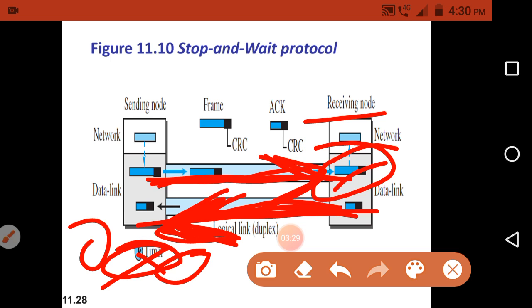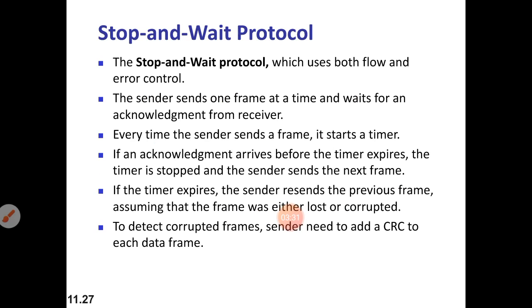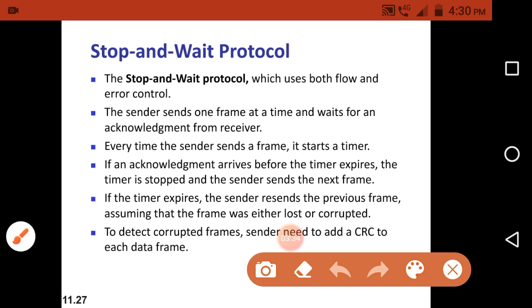So that is the third point: if the acknowledgement arrives before the time expires, the timer is stopped and the sender sends the next frame. The fourth point is, if the timer expires, the sender resends the previous frame, assuming that the frame was either lost or corrupted.